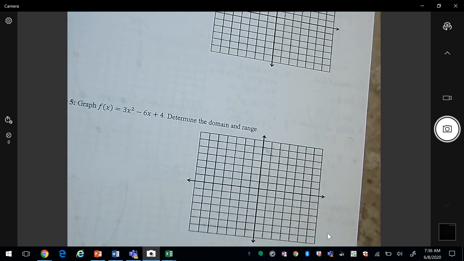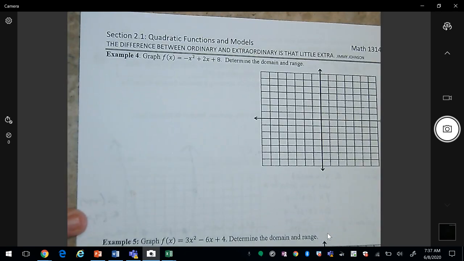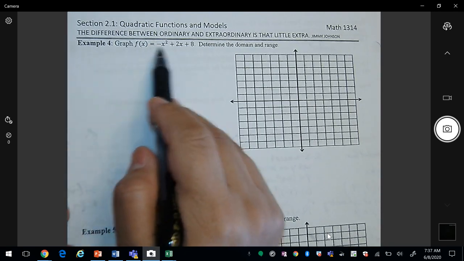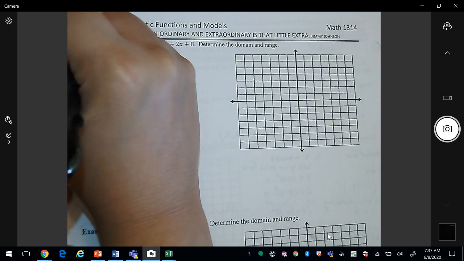Okay, let's try one more. Example 4. Graph f of x equals negative x squared plus 2x plus 8. So first, notice that it's not in standard form. So we will need to write it in standard form.